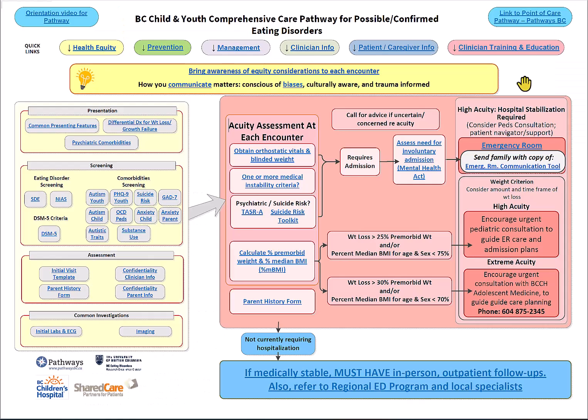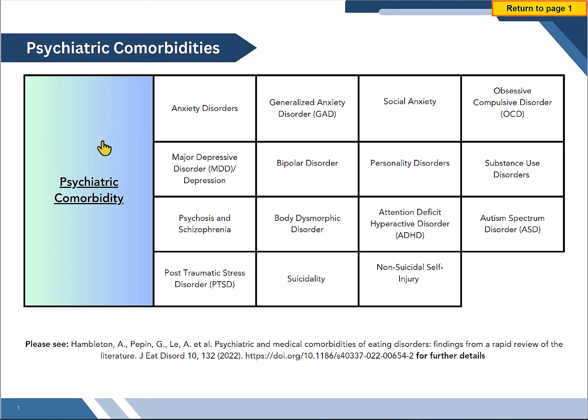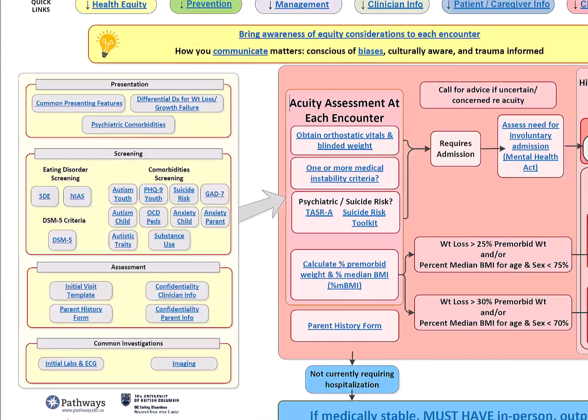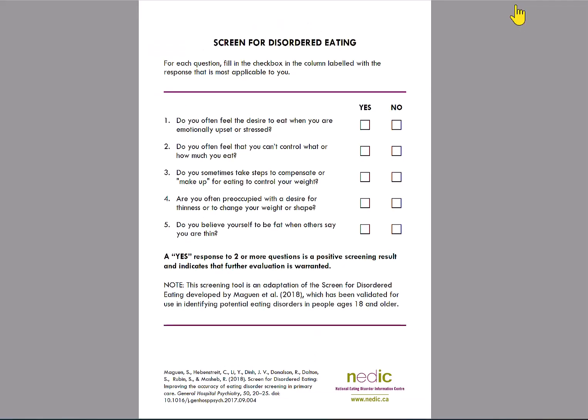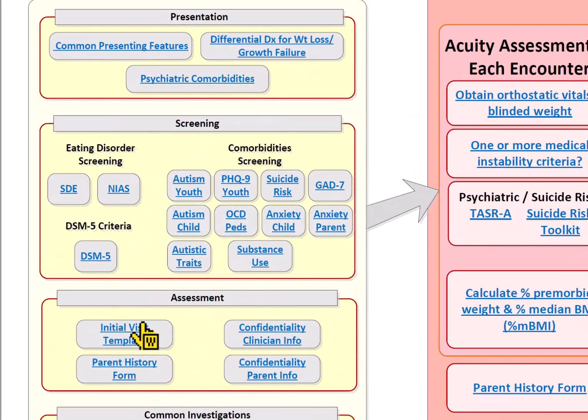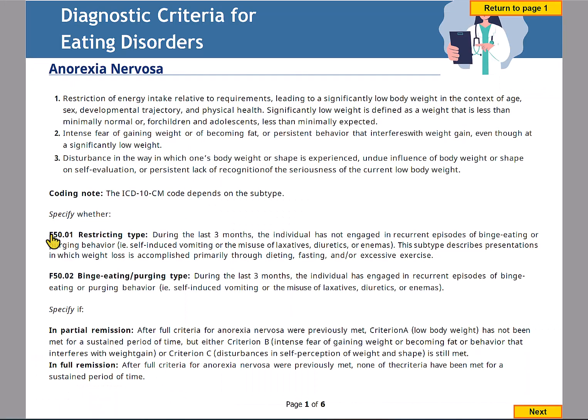On the left-hand side of the care pathway is more information and many tools, such as for presentation, common presenting features, or psychiatric comorbidities as shown here. Under screening, there's the eating disorder screening tool, Screen for Disordered Eating, and the DSM-5 criteria for eating disorders.